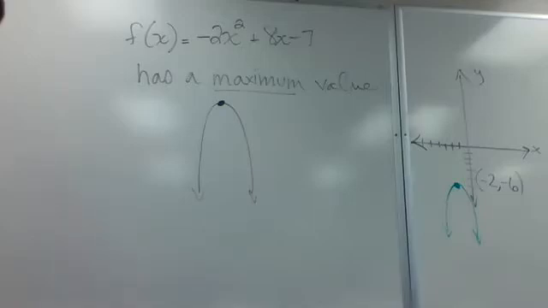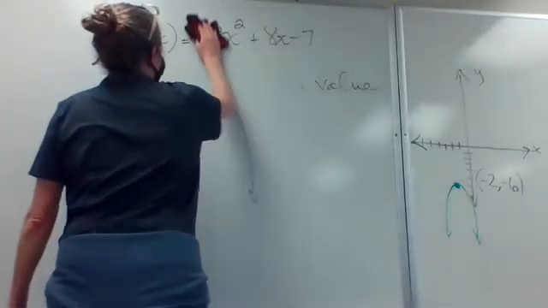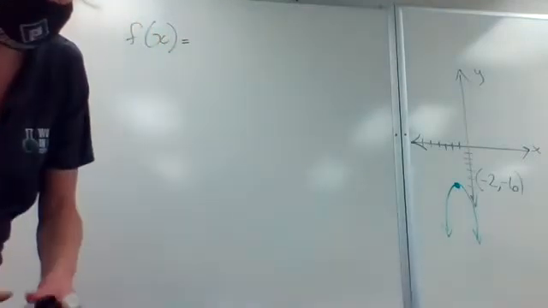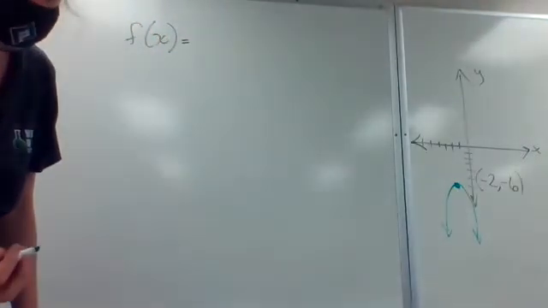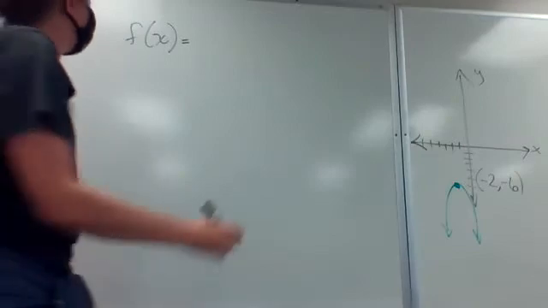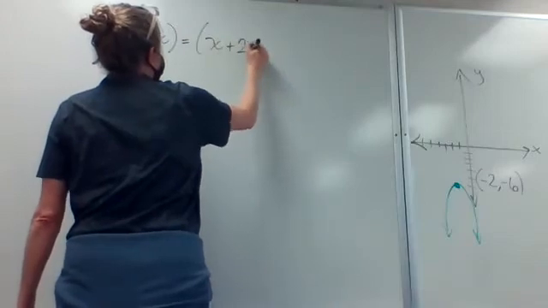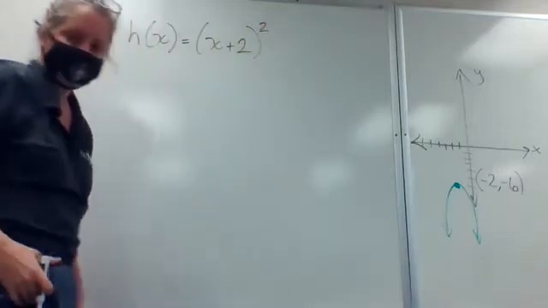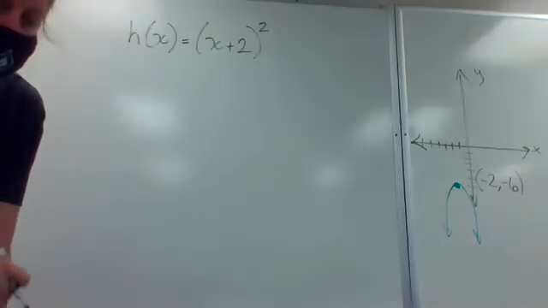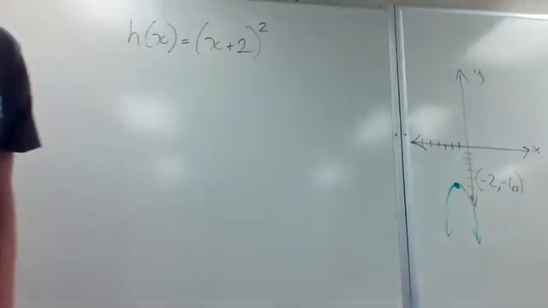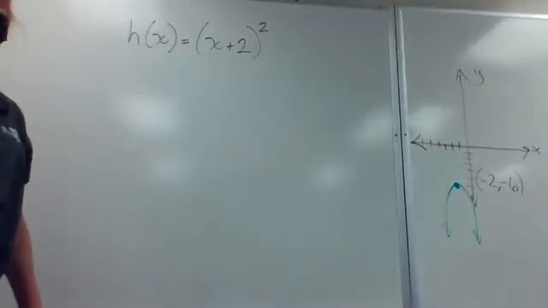Number 6, determine if this one's true or false. h of x equals x plus 2 squared. So this one says this graph can be obtained by translating the graph of x squared left 2 units.